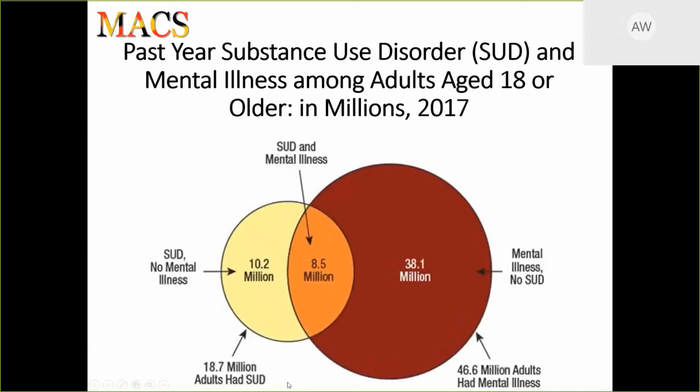And then as we look at adults, remember they have much higher numbers, but 38 million have 18 million with a substance use disorder. So again, about 8 million of them with the overlap of substance use and mental illness.